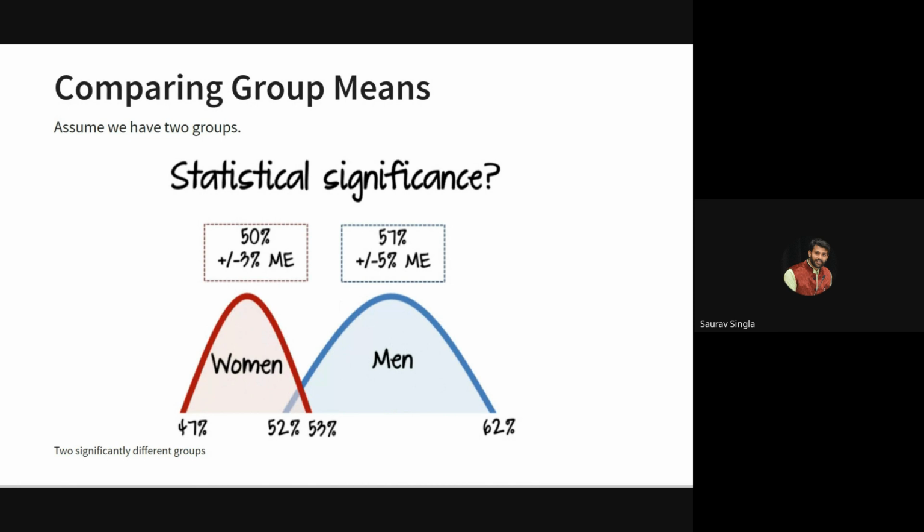Because we want to control the error that could have been caused by all these factors that are beyond the control of the experiment. We want to minimize that.